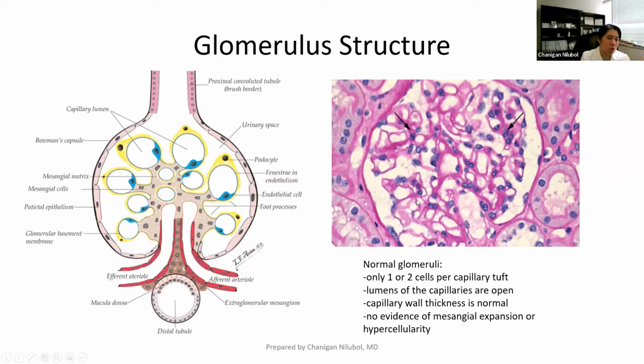It is normal thickness, so it looks thin and crisp, with no evidence of mesangial expansion. Mesangium is right in the middle here, so the pink area here is a normal mesangium. If there is mesangial expansion, you would see more of these pink structures and then maybe more cells in the middle of the tufts here.